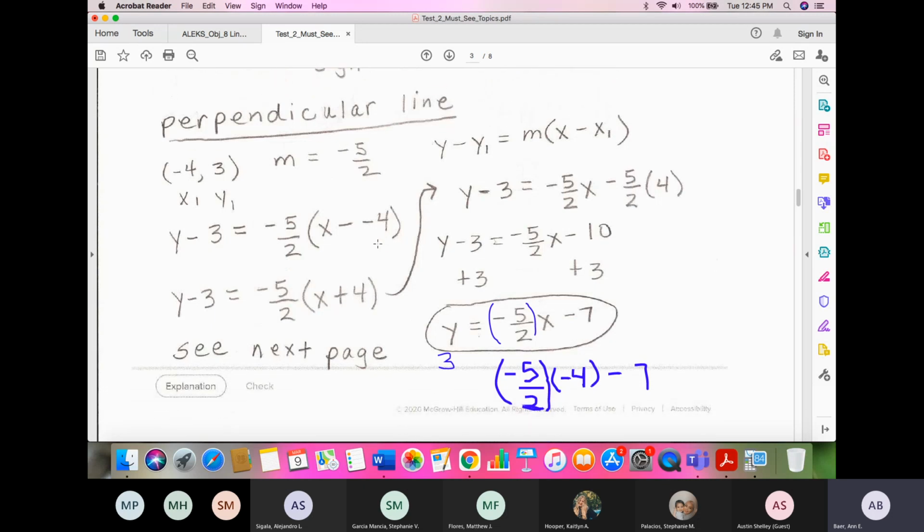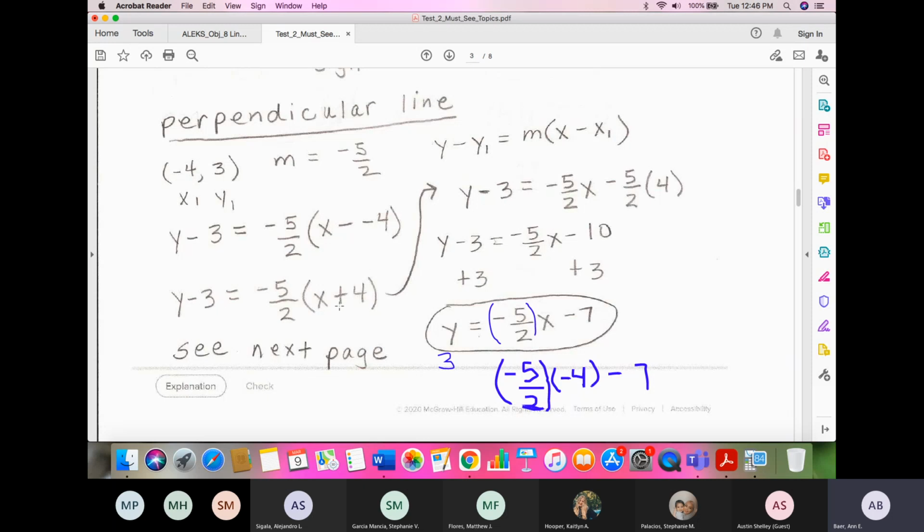So this is what we are working with. We've got y minus 3 equals -5/2. So I copied down the y minus 3, copied down the -5/2. x minus a minus is x plus 4. And then I'm going up here. Copied over the y minus 3 here.